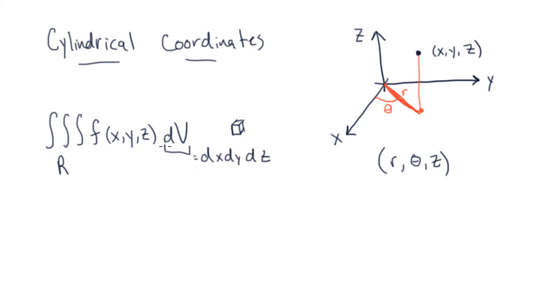Well, the height here we're not changing, but the little area region on the bottom we're instead describing in terms of polar coordinates. So dv in cylindrical coordinates becomes r dr d theta dz. And the region looks more like this. It has a polar shape. It's still sort of like a rectangular prism shape, but the edges are curved in like that.